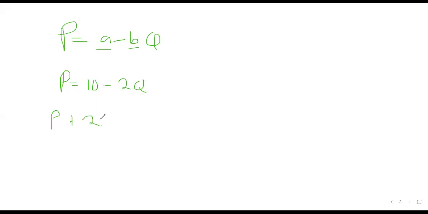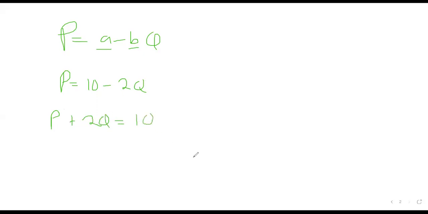This price function that you're seeing here has a gradient and also has a coefficient. So if the price is equal to 10 minus 2q, you need to learn how to sketch this equation by putting the letters on one side. So we're going to have p plus 2q is equal to 10.